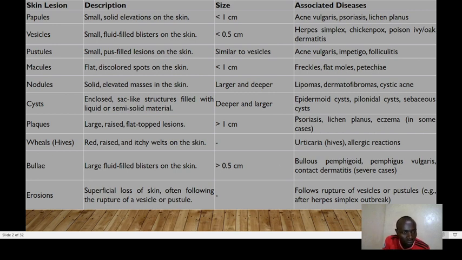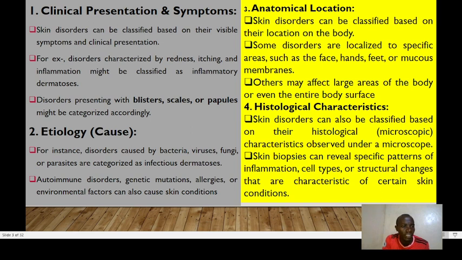Mostly the hives, yes, they are the red, raised ones. So we could have such disorders with redness, itching, and inflammation, classified as inflammatory dermatitis, the hives, or disorders presenting with blisters, scales, or papules. They could also be categorized accordingly.